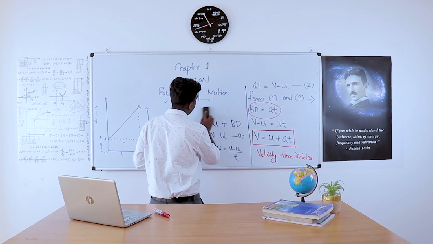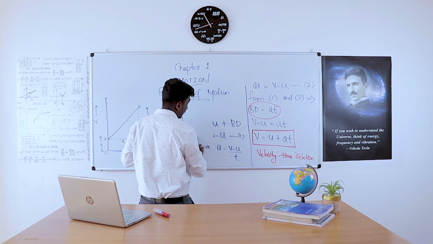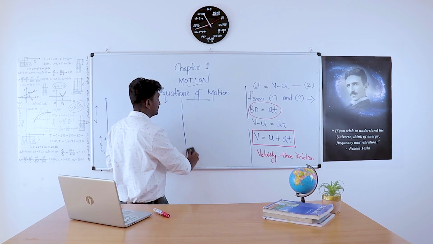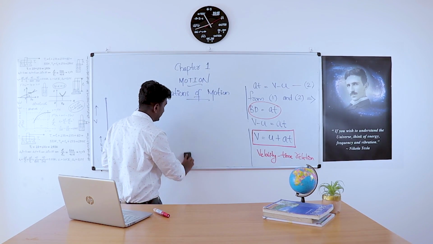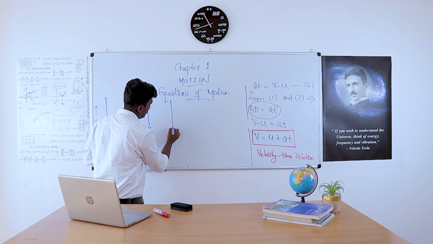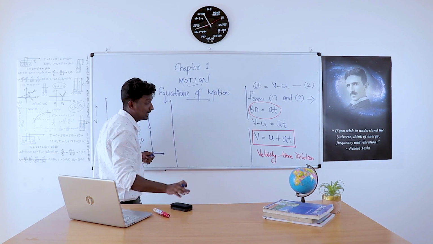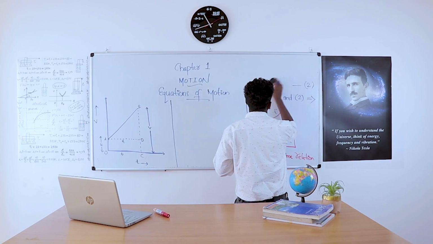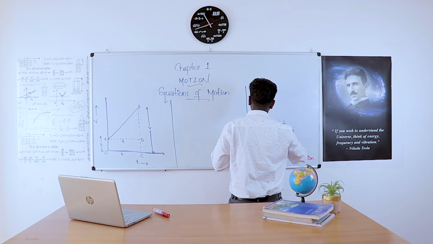Just remember that value, we can use it in the other two equations. BD can be replaced by AT. So don't forget that value. Now we have to derive the second equation.